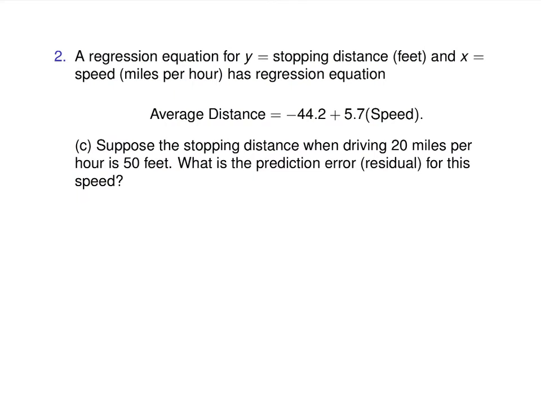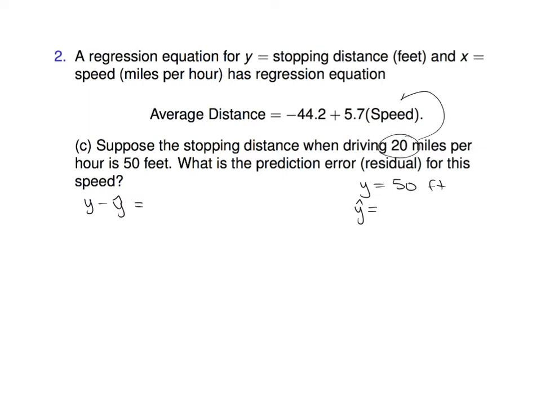So suppose the stopping distance when driving 20 miles per hour is 50 feet. What is the prediction error, or the residual, for this speed? Now remember that a residual is equal to y minus y hat. So we need to find both y and y hat. Well, y is the actual value that we were given. We were given that when you go 20 miles per hour, this particular car stops in 50 feet. To find y hat, you estimate what you would have gotten for this average stopping distance using your regression equation.